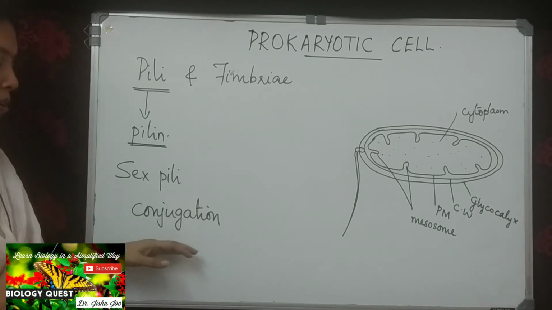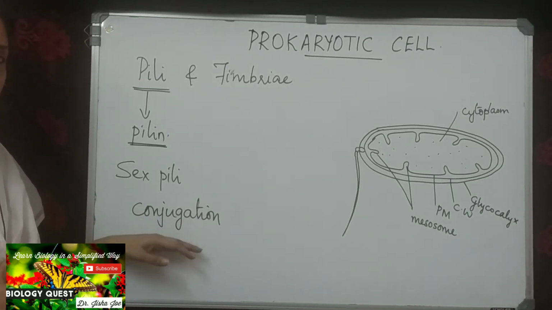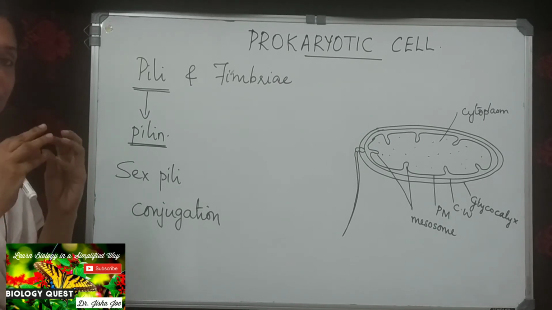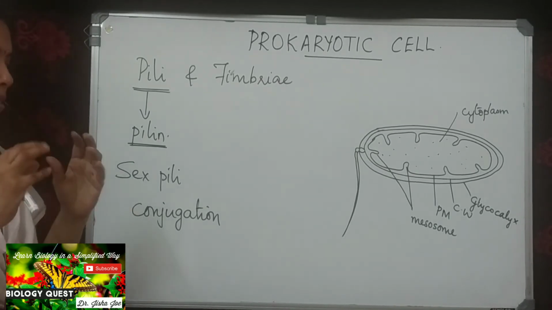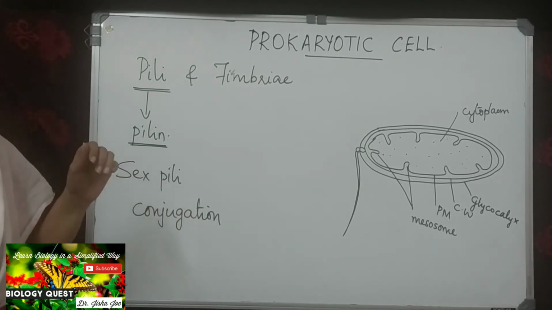During the process, the two bacterial cells have to remain close together. This is done with the help of sex pili.